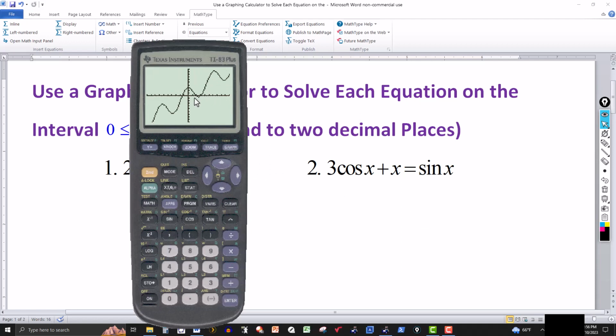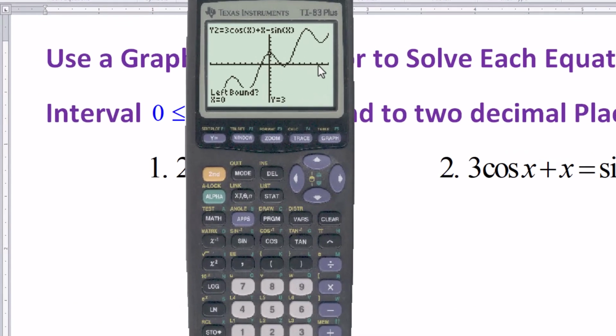So we find the first one by going to second, trace, accessing the calculate menu. We want zero, so hit 2.